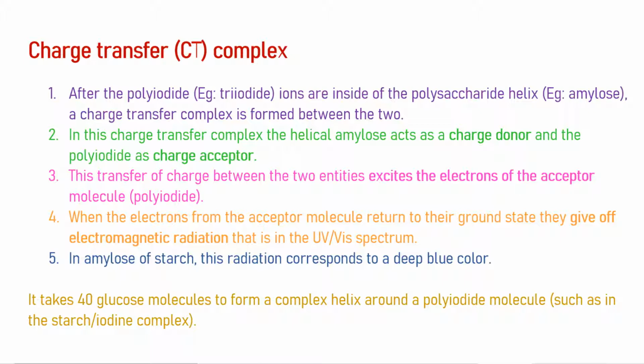When the electrons from the acceptor molecule return to their ground state, they give off electromagnetic radiation that is in the UV visible spectrum. In the case of the amylose component in starch, this radiation corresponds to a deep blue color. It takes 40 glucose molecules to form a complex helix around a polyiodide molecule.